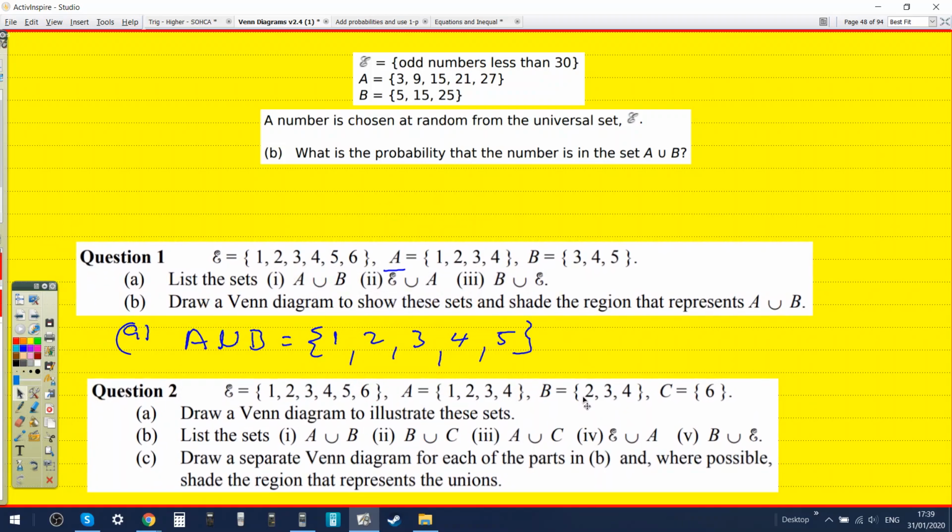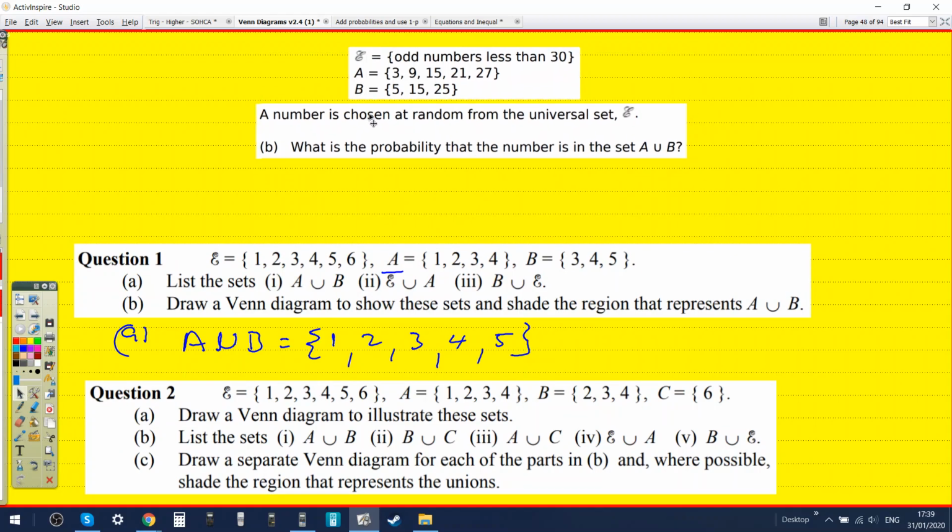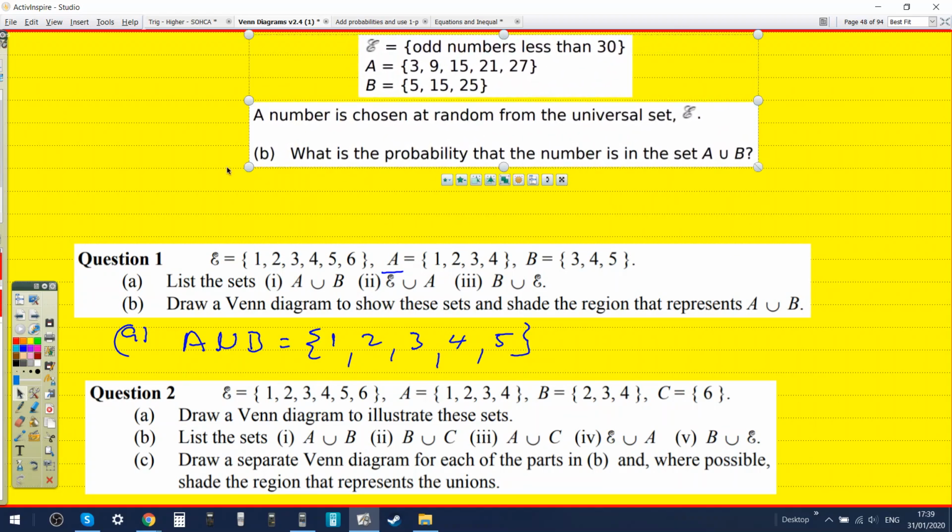Okay, try this one up here. 15 and that's it. You're thinking of N. This is union. 3, 9, 15, 21, 27. So 3, 5, 9, 15, 21, 25, 27. Yep.